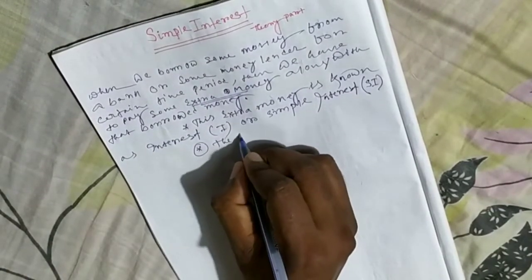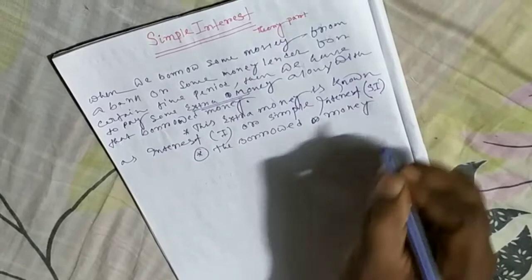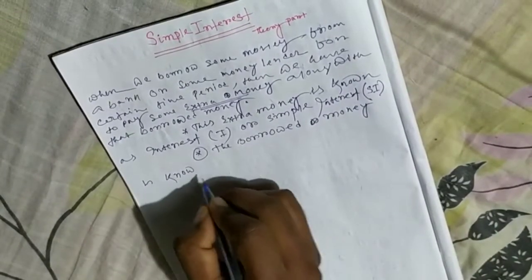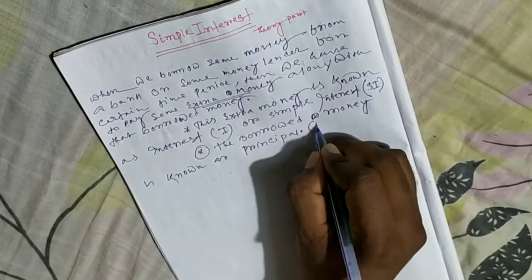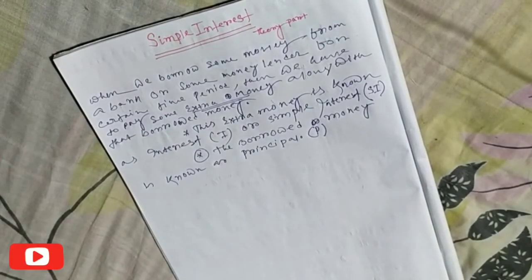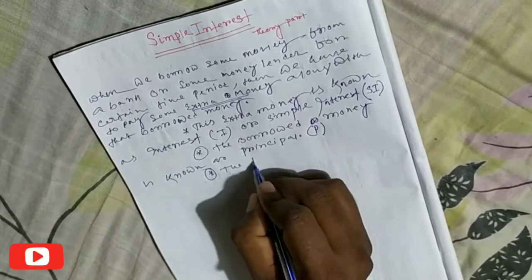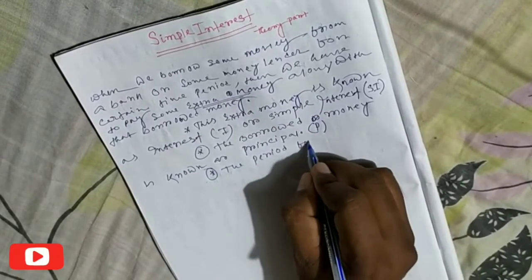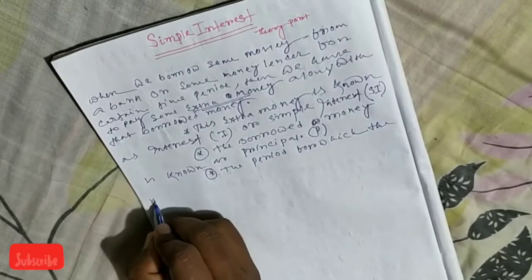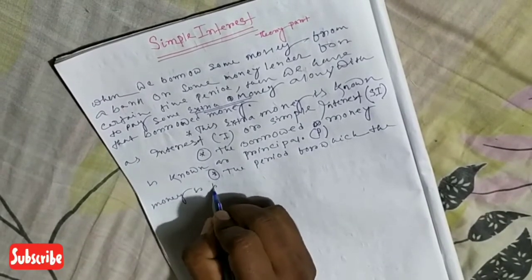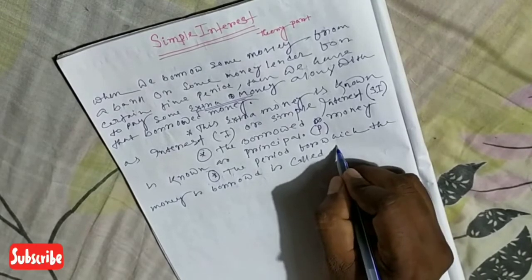Then the borrowed money is known as principal, which is P. Next, the period for which the money is borrowed is called time.